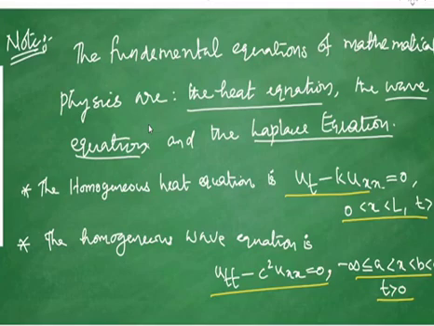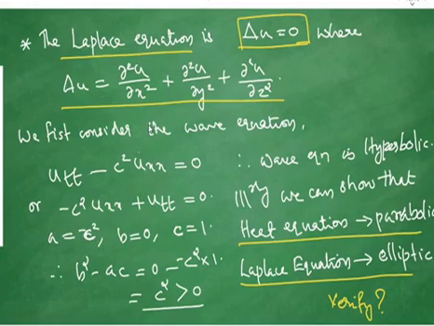So first of all we consider the wave equation. The wave equation is utt minus c square uxx equal to 0. Instead of a y here, the independent variable is t. So first we write the term containing x: minus c square uxx plus utt equal to 0, which is in the standard form of our second order equation, Lu equal to 0.